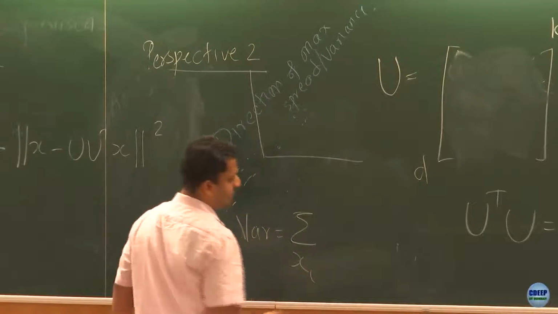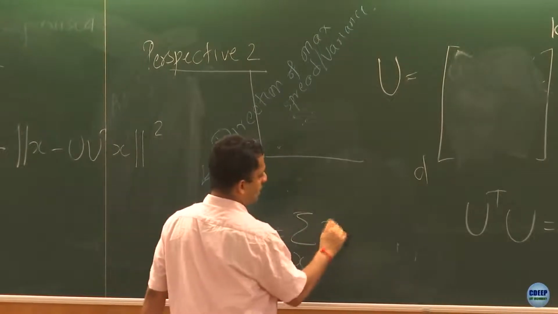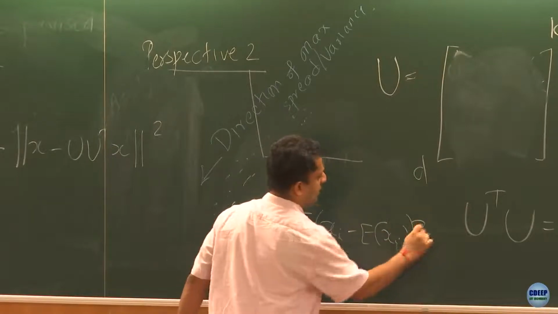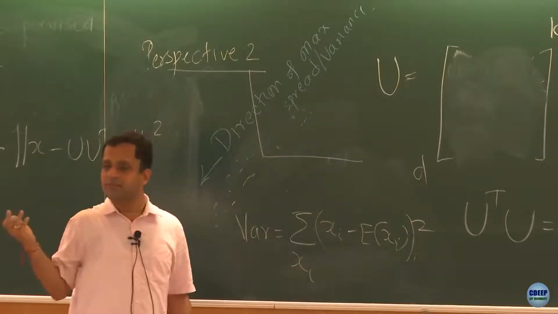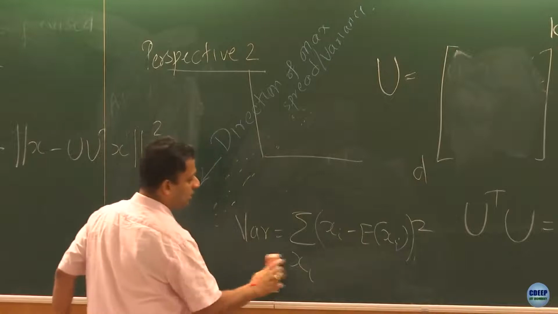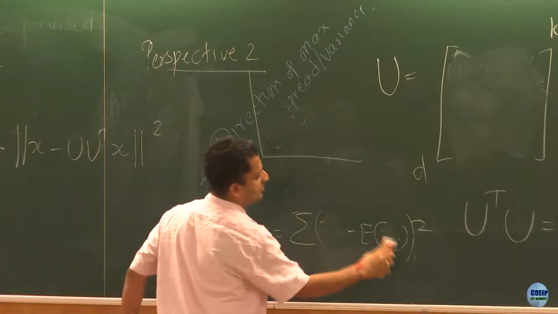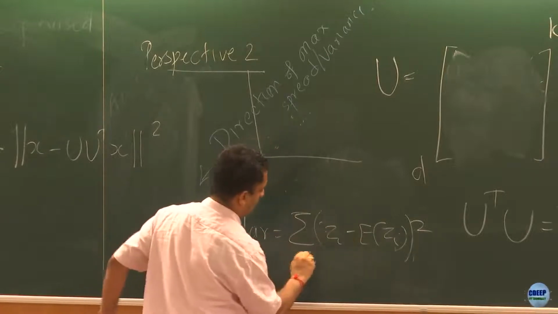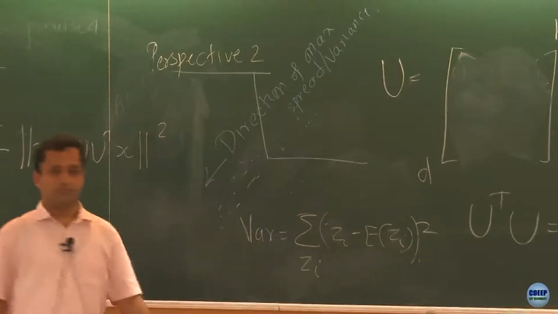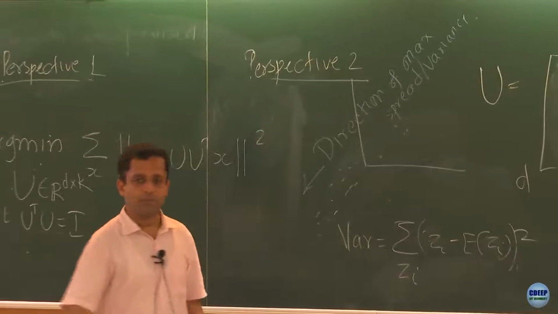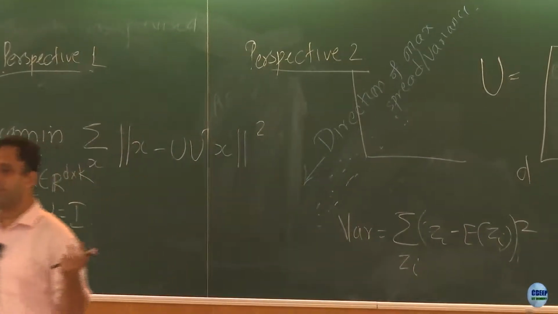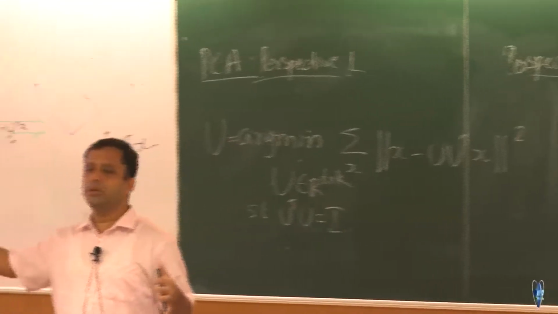Variance is the sum over all xi of xi minus E of xi, whole square. But then E of x is 0. And here we are not talking about xi, we are talking about zi, in the projected space. So E of xi is 0, and the projection will also be 0.